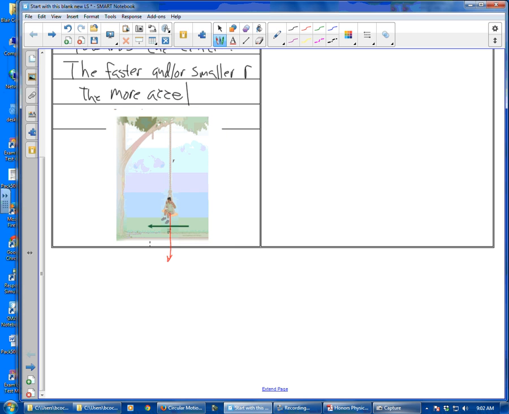There would be weight down. There would be tension upwards. And the child would be accelerating upwards. So that's what you would need for your force diagram, which right away leads you to the correct answer for part B, because the force that provides that centripetal acceleration has to be pointing in the direction of it.